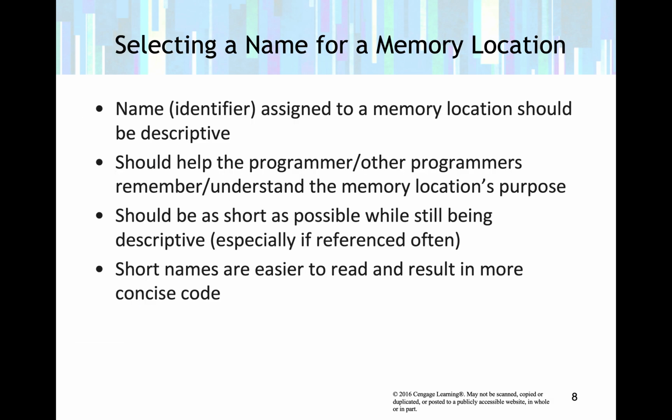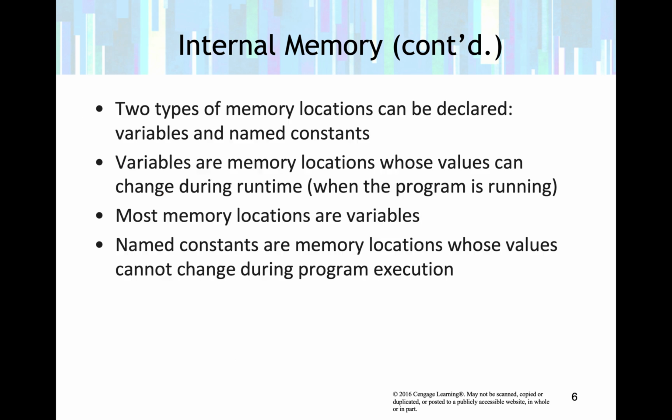So selecting the name for your memory location, it should be a name that is descriptive. So if you're calculating the total cost of your purchase, then you want to say maybe purchase cost.